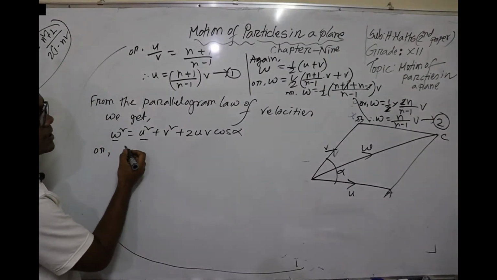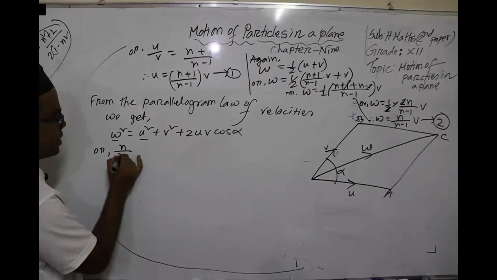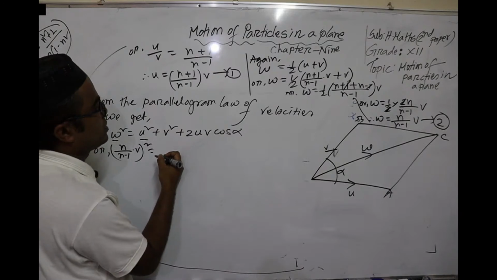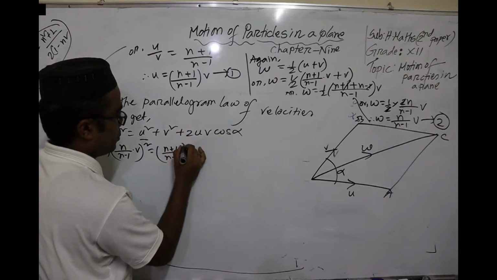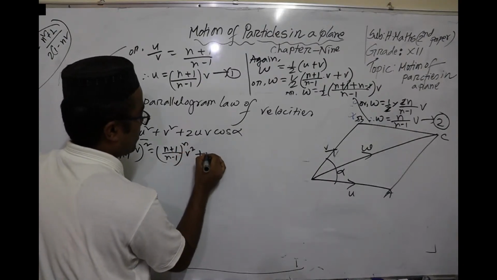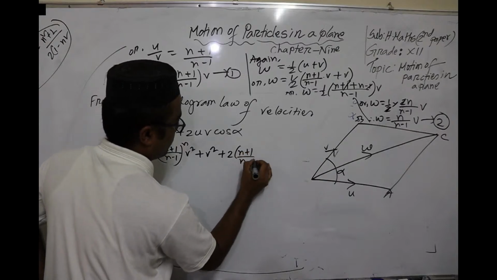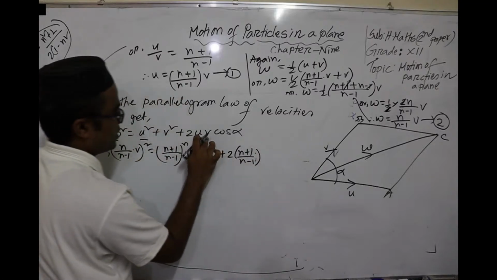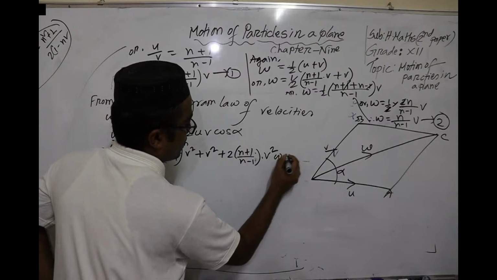So we will get w means n by (n minus 1) into v, so n by (n minus 1) into v whole square, and u means (n plus 1) by (n minus 1) whole square v square, plus 2 into (n plus 1) by (n minus 1) v square cos alpha.